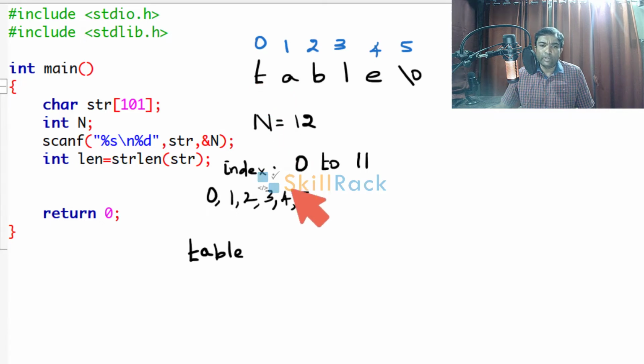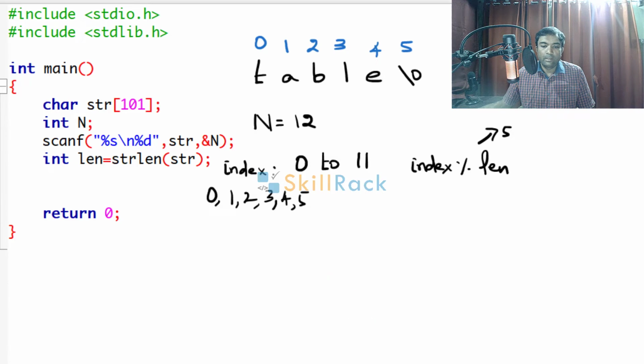So rather than just printing the character at the index, we will modify this logic to print the character at index modulo len. What is len here? There are 5 characters, so len is 5. Now we will print index modulo len. Let us repeat the logic. When the index is 0, 0 modulo 5 is 0, so T is printed.